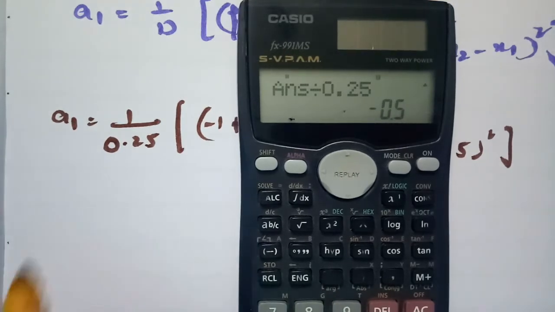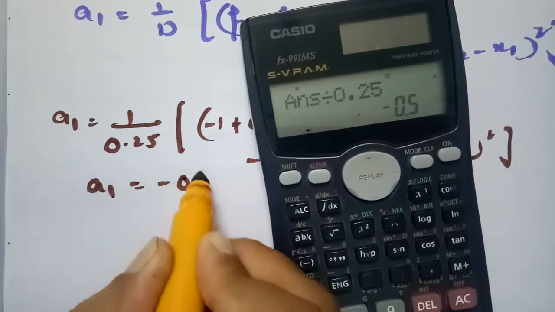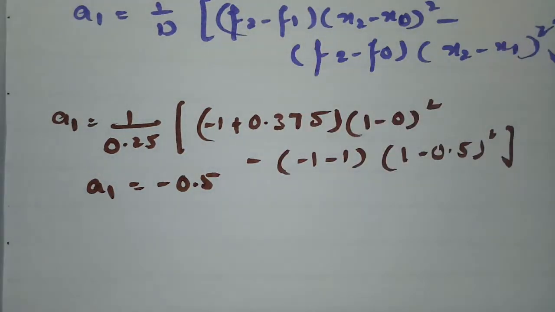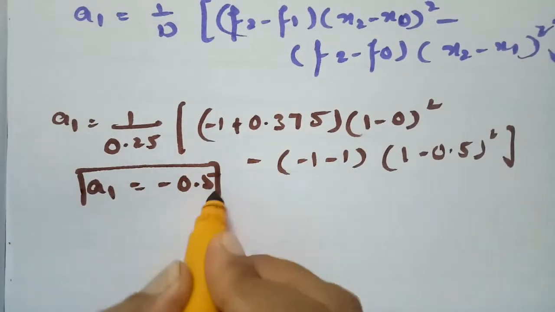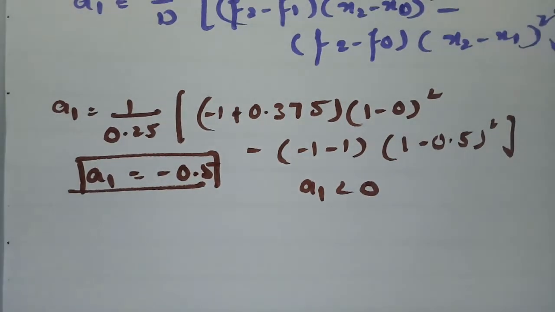The value here is the A1 value. So the A1 value is nothing but minus 0.5. A1 is a negative value.